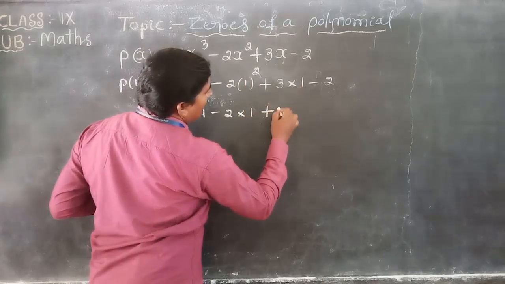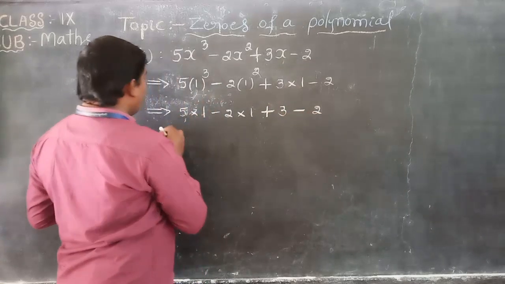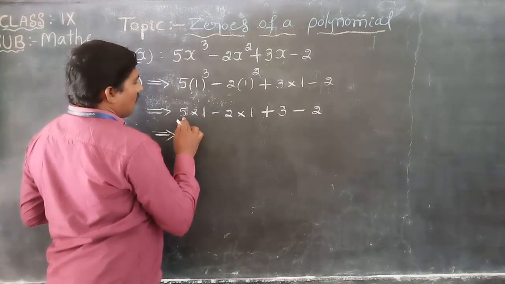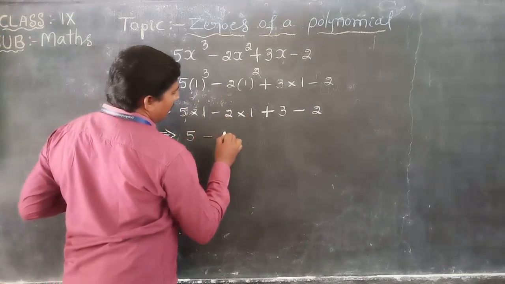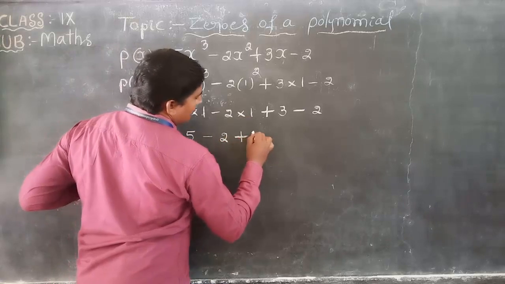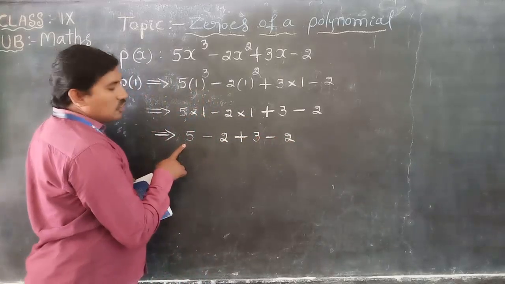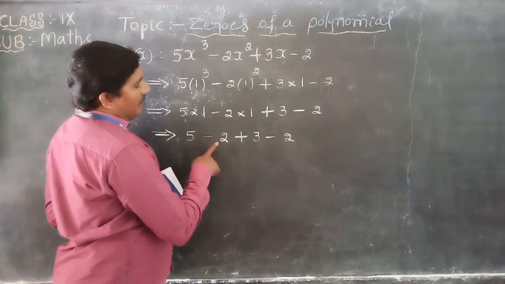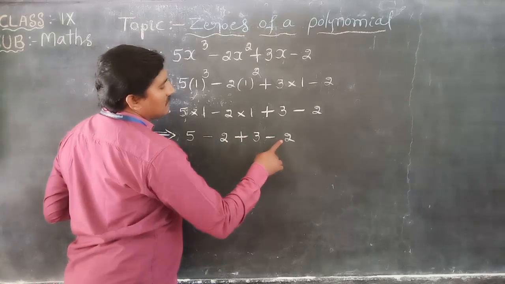Plus 3 into 1 is 3, minus 2. That implies 5 into 1 is 5, minus 2 into 1 is 2, plus 3, minus 2. Here 5 is a positive number, 2 is a negative number, 3 is a positive number, 2 is a negative number.